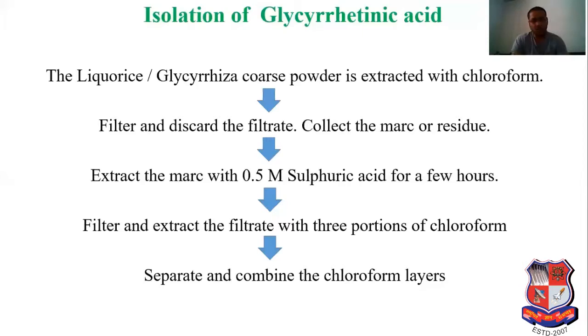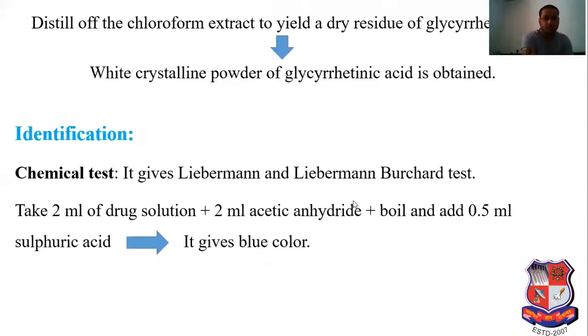Combine all the portions of chloroform, then distill off or concentrate the chloroform extract to produce a dry residue of glycyrrhetinic acid. A white crystalline powder of glycyrrhetinic acid is obtained. So here we are using chloroform as the main organic solvent for the isolation of glycyrrhetinic acid from the Glycyrrhiza glabra powder.